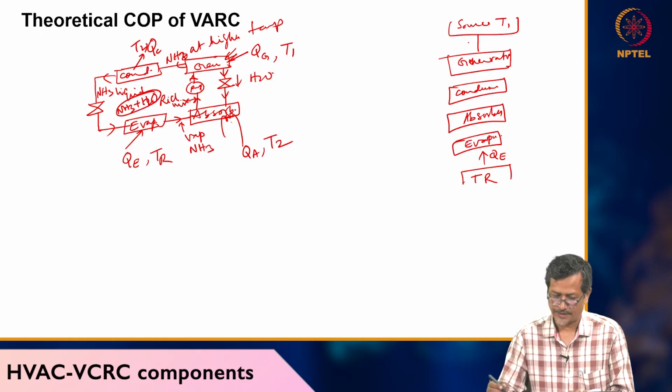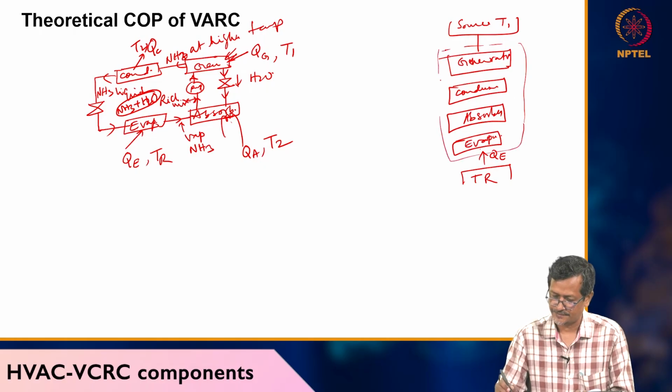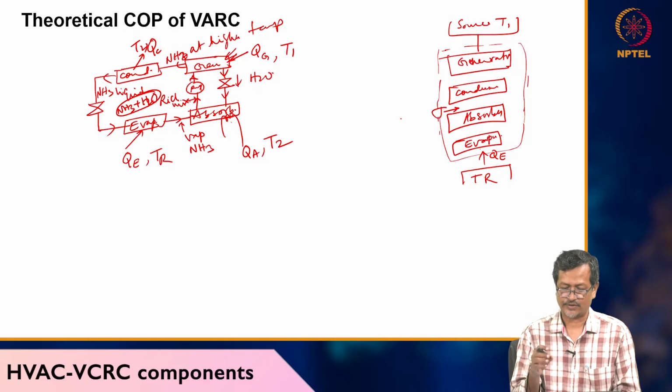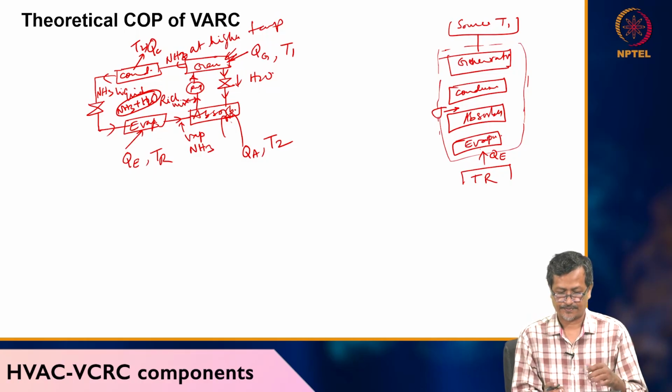Now I'll make one control volume here, the evaporator, then the condenser, then the pump working here. In the vapor absorption system, only the pump gives mechanical energy input; other parts use waste energy.